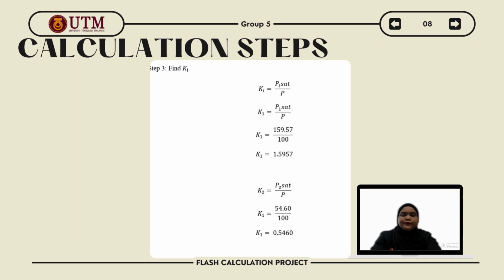Next, we move on to find the Ki. The formula is Ki equals Pi saturated over the pressure that we set, which is 100 kPa. So K1 is 1.5957 and K2 is 0.546.